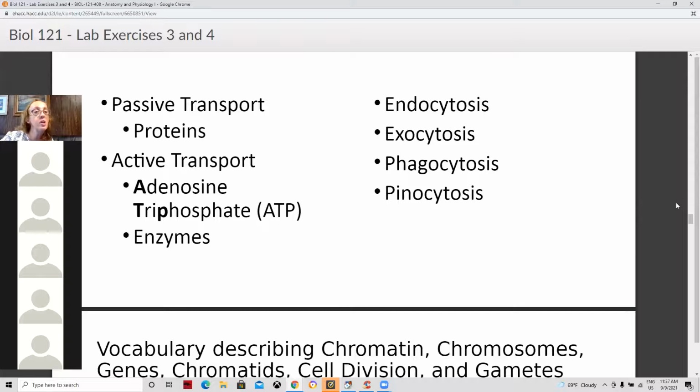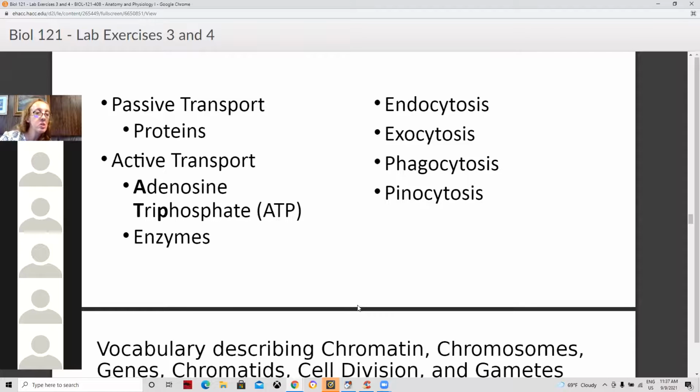So some other vocabulary that we use here: passive transport. If you remember, we talked about gradients the other day, that things tend to move from a high to a low.